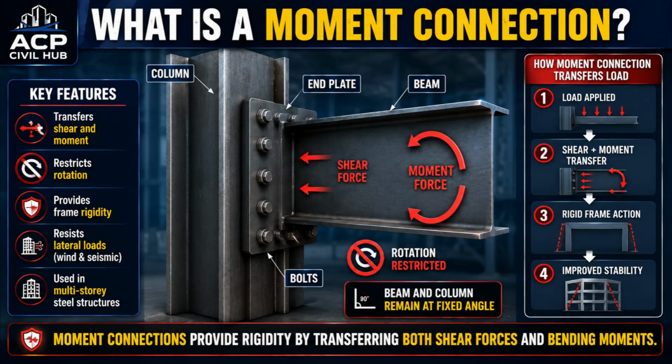These connections provide structural rigidity and help resist lateral loads such as wind and earthquake forces. Common examples include end plate connections, welded flange connections, and rigid beam-to-column connections. Because moment connections transfer bending forces, they require stronger detailing, additional fabrication, and careful design.